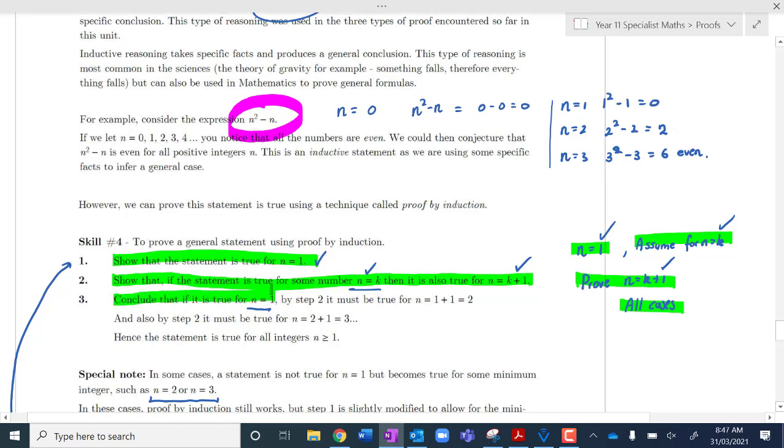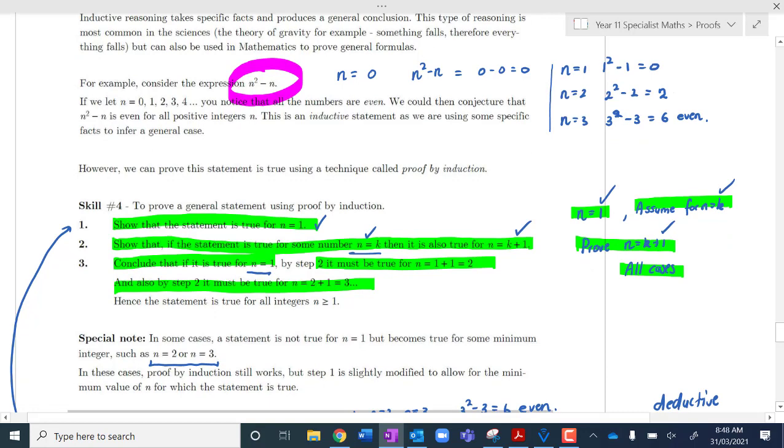If it's true for n equals 1, and by doing step 2 we've also shown that it's true for n equals 2, and obviously n equals 3, 4, 5, and 6. If we just keep adding one step, if we've proven that it's true for n equals k plus 1, then it must be true for all cases. So it's true for all integers which are greater than or equal to 1.